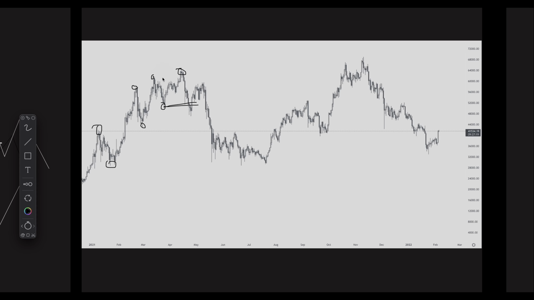You can also look at something like this, although there is not a high here, basically. Really, once this gets broken, this is your break in structure, and then the market proceeds to retest this level.